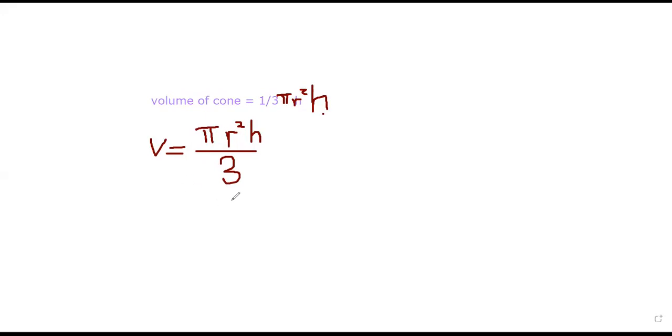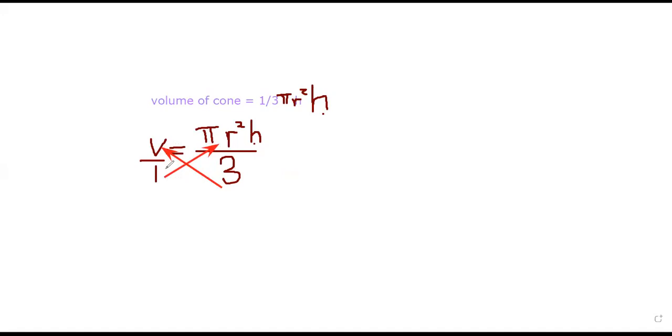But for the tricky question, or another type of question, in case I'm looking for the value of h, you have to use what you already studied before for solving an equation or solving for a variable. So I can imagine that I'm going to put v over 1, then we will use cross product. I will make first 3 times v and then 1 times pi r squared times h.